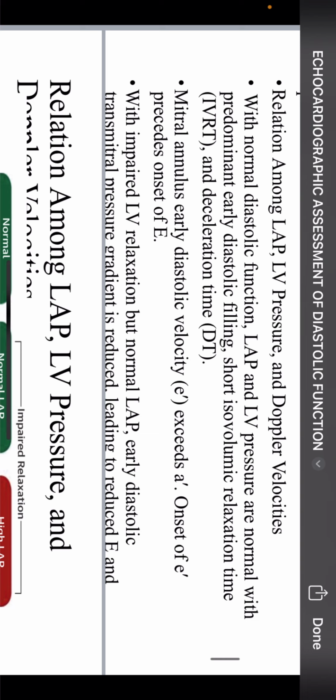But before, E should be there. Blood should first enter the LV before the ventricle starts expanding. It should just expand when the space created is already filled and now it needs to accommodate more blood. That's when it should move. So the E inflow should occur before.